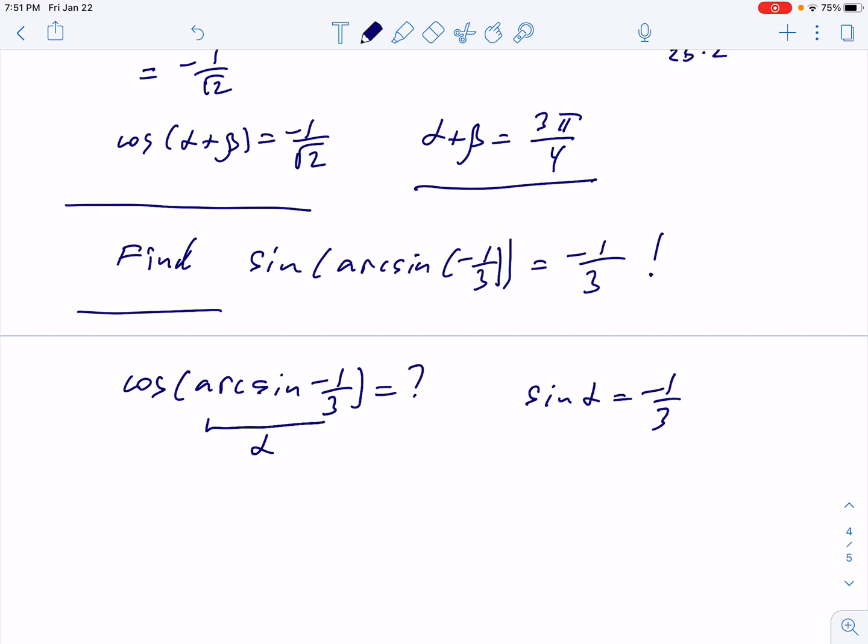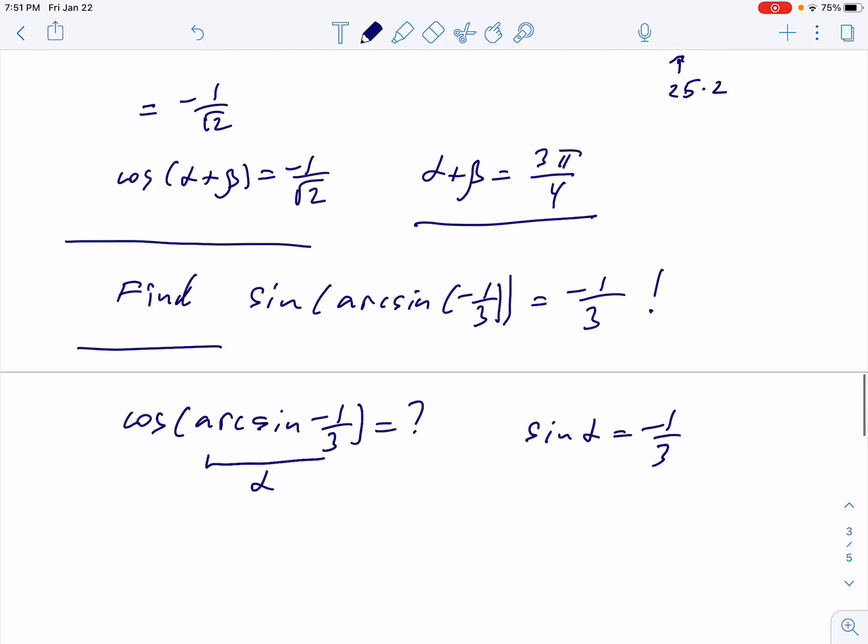And again, we can use our triangle, or we can use this identity, cosine squared alpha plus sine squared alpha equals 1. This is, I would say, an analytic solution compared to a geometric solution. When we know the sine, we can find the cosine.